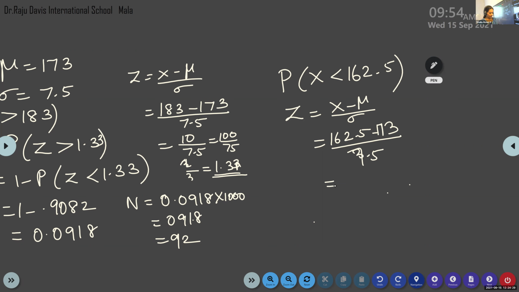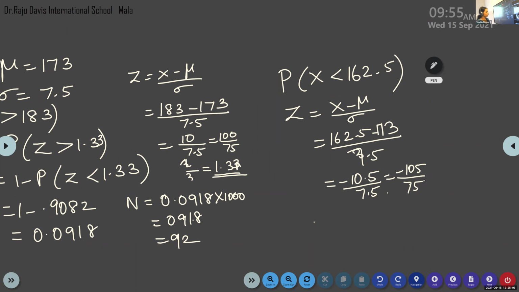What is the answer? Is it negative 10.5 by 7.5, which is same as negative 105 by 75?